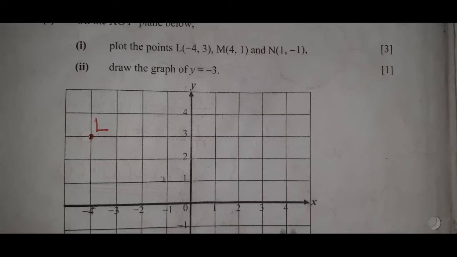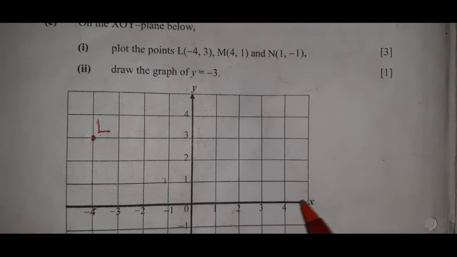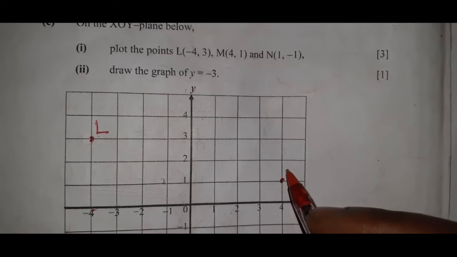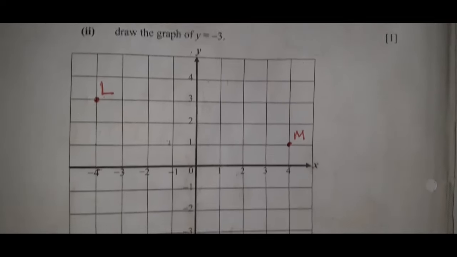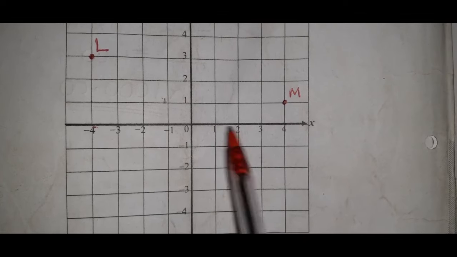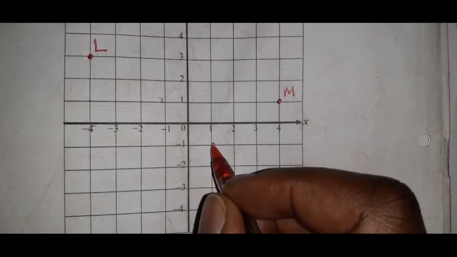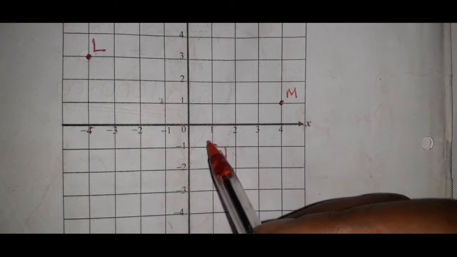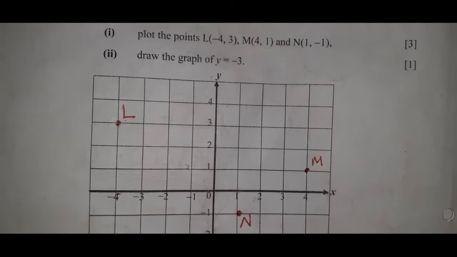Then we come to M. M is 4, then the y coordinate is 1. So this is our M. Then we have 1, -1, which is our N. So these are the points.